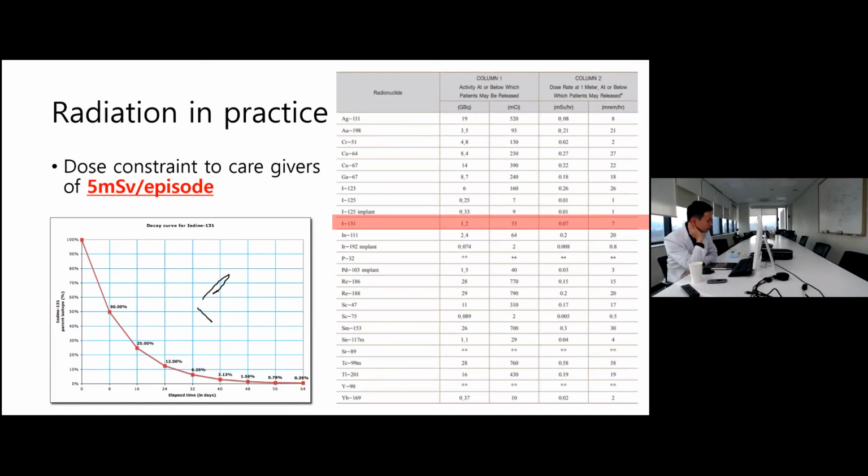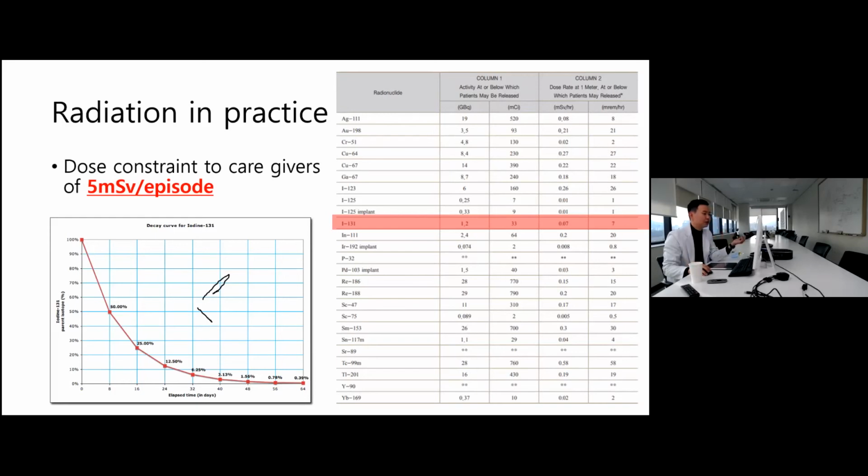you may be very familiar with the regulation for patient release after iodine 131 therapy. This is from the NRC, and Korea also uses the same.